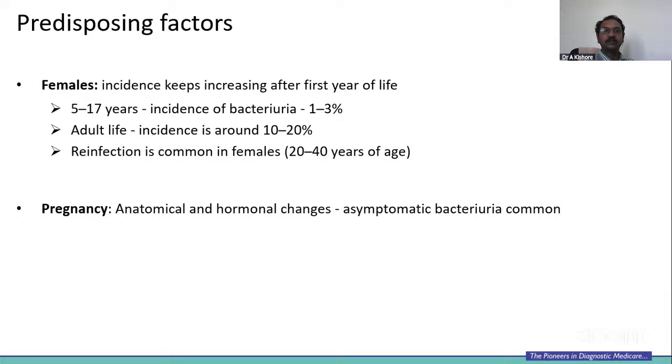In adult life, it increases to around 10 to 20%, and reinfection is common in females, mainly in the reproductive age of 20 to 40 years. Pregnancy, with its anatomical and hormonal changes, is one of the predisposing factors, where you see asymptomatic bacteriuria, which is commonly seen in pregnancy.